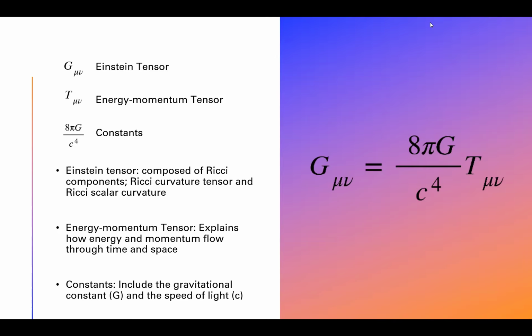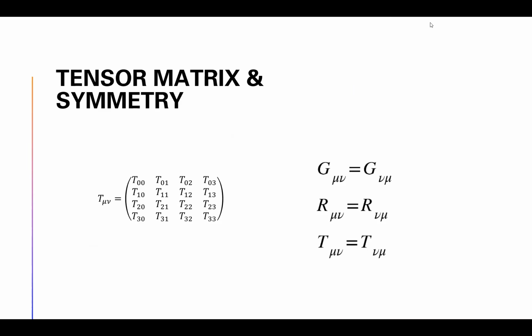If we go back one slide, you can see the tensor matrix on the left right here. The components within this matrix each explain a different component of the energy-momentum tensor. T00, seen in the top left, represents the energy density. T01, T02, and T03 are representative of momentum density. T10, T20, and T30 represent energy flux.